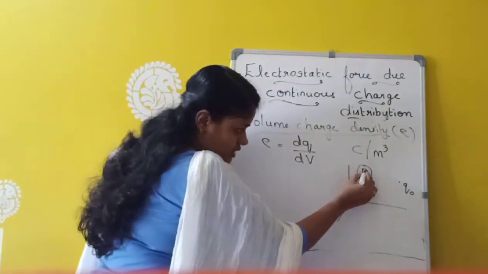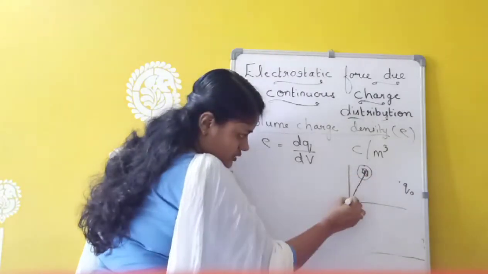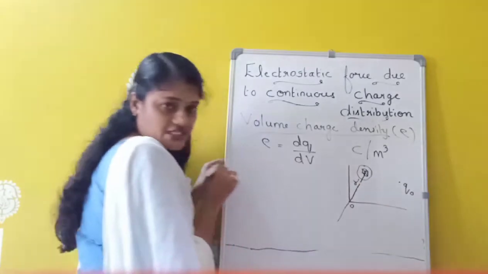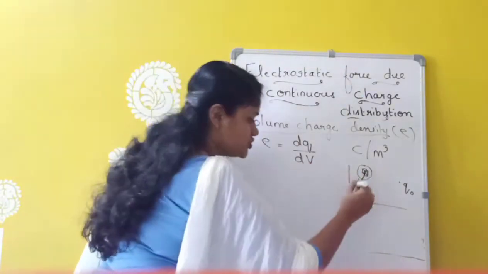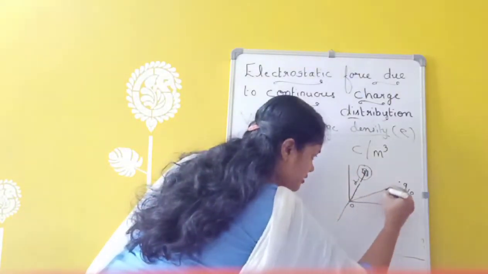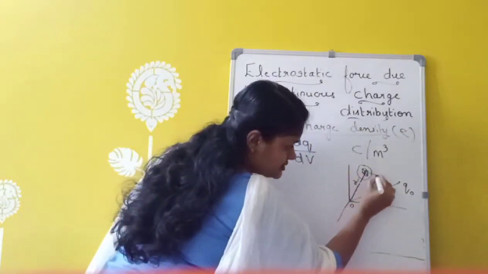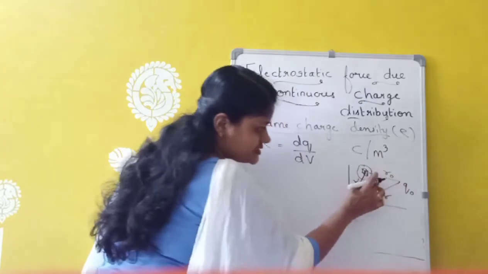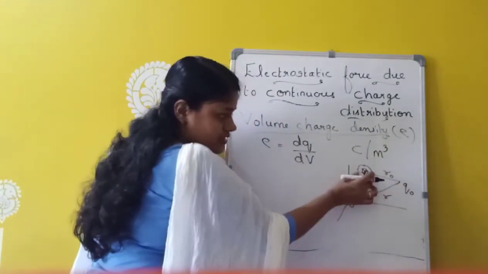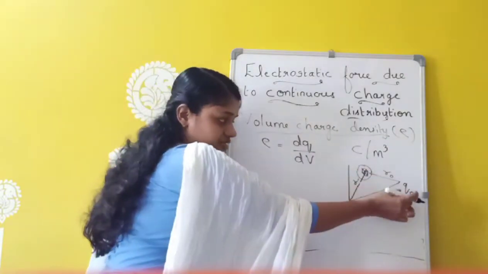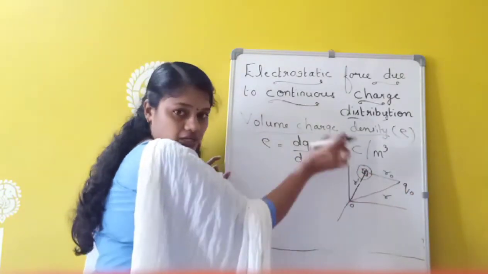This volume is at a distance of R dash from the origin, and this charge Q0 is at a distance of R from the origin. This distance I am taking as R0, that is the distance between the charge Q0 and this volume charge distribution. We need to find the electrostatic force between this charge Q0 and this volume charge distribution.